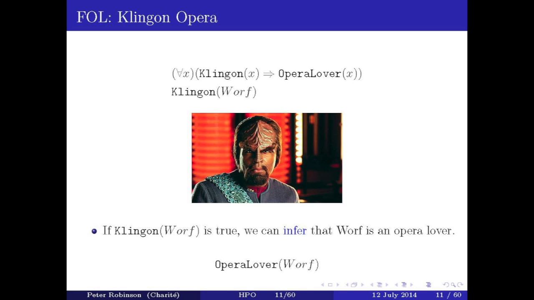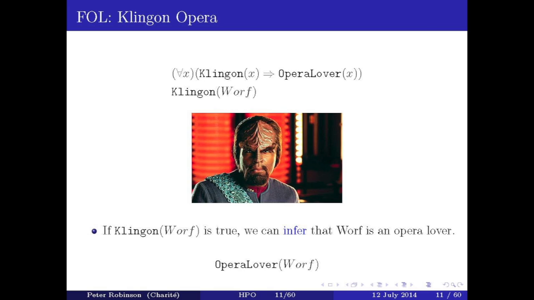And so why is this interesting? Is anybody a Trekkie? A few people? Well, you may recognize that this is Worf from The Next Generation. Anyway, this is actually first order logic, but ontologies use description logic, which is almost the same thing. It looks a little bit different maybe, but what does this mean?